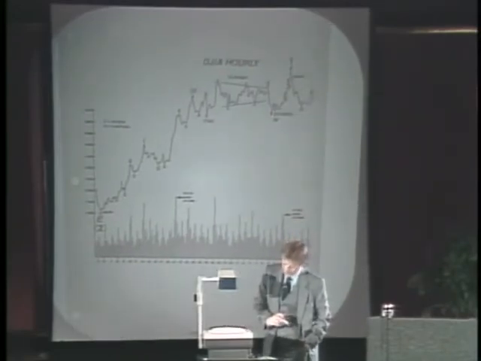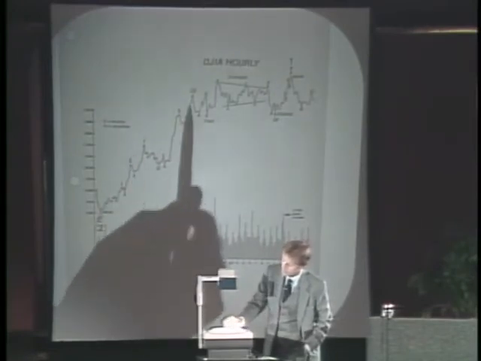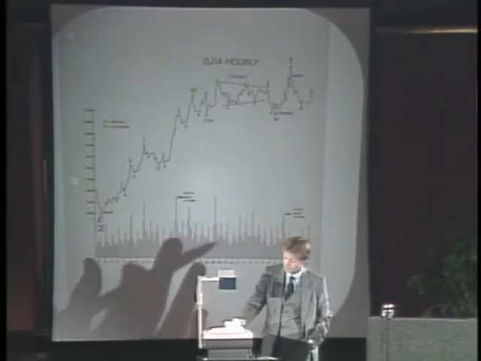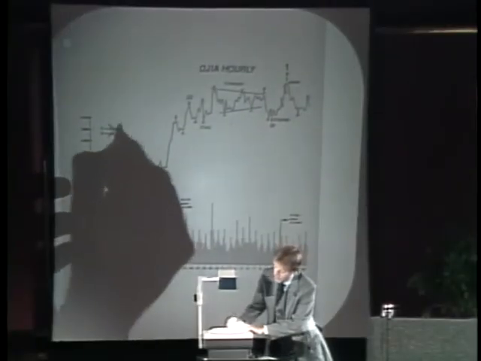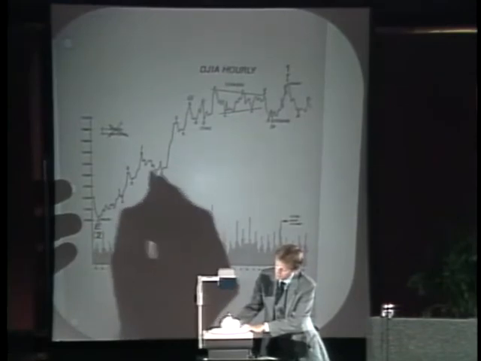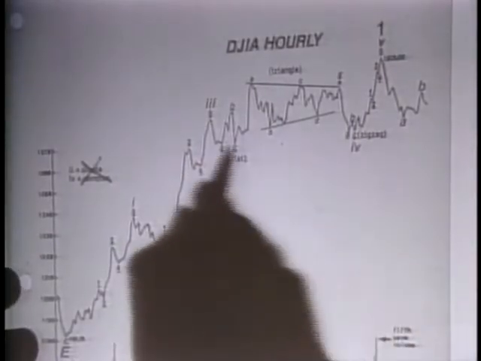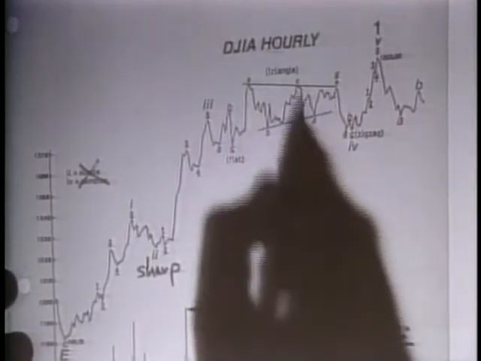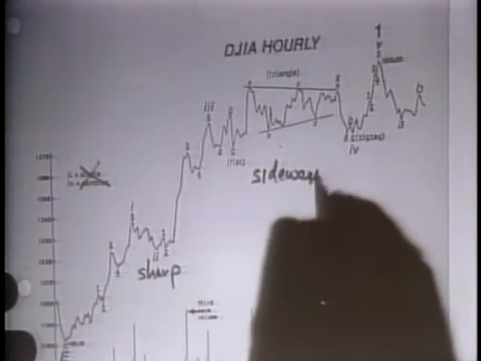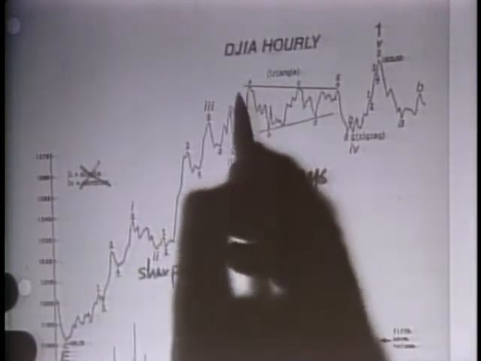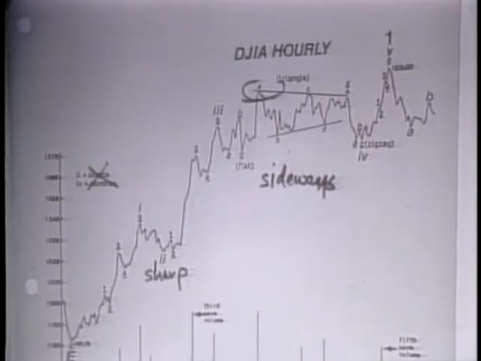First of all, the internal wave count is clean, 5, 3, 5, 3, 5. Now secondly, wave 2 is counted as a double zigzag. That's sharp. Wave 4 is obviously a sideways correction. It also contains at least one new price high in the pattern.